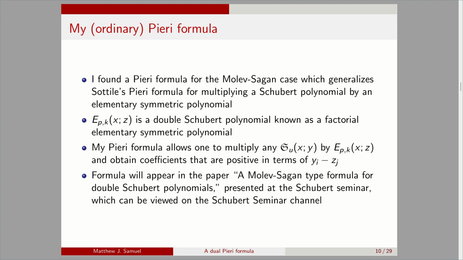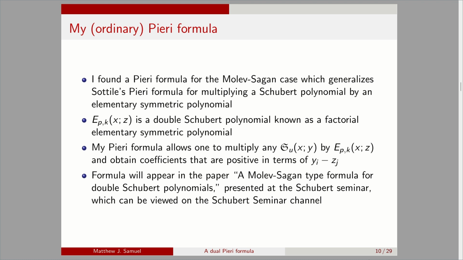So I've made some progress on the Molev-Sagan case for double Schubert polynomials. I found a Pieri formula which generalizes Tilly's Pieri formula for multiplying a Schubert polynomial by an elementary symmetric polynomial. Specifically, e_k(x,z) is a double Schubert polynomial known as a factorial elementary symmetric polynomial, similarly to factorial Schur polynomials. In fact, this is a factorial Schur polynomial.